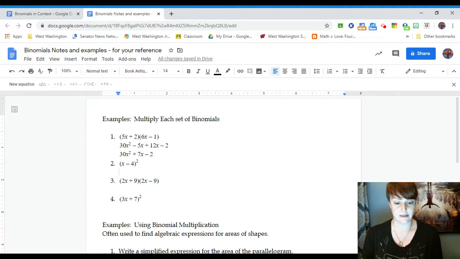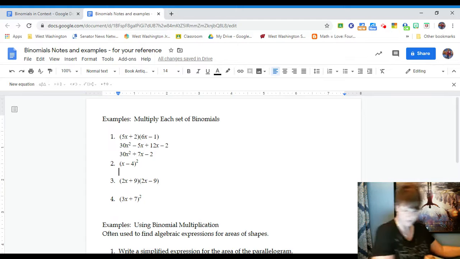Okay, so this next one is one of those special cases. A lot of times I have students who say x minus 4 squared is x squared minus 16, because you just square both of the interior terms, right? No, definitely not right. Let me get my whiteboard out for this one.